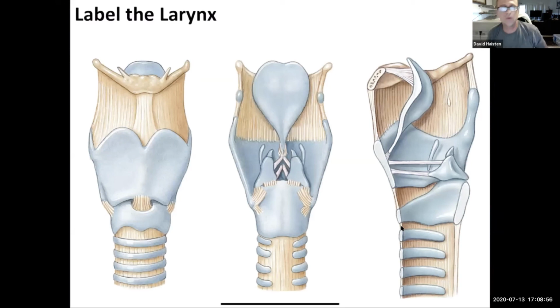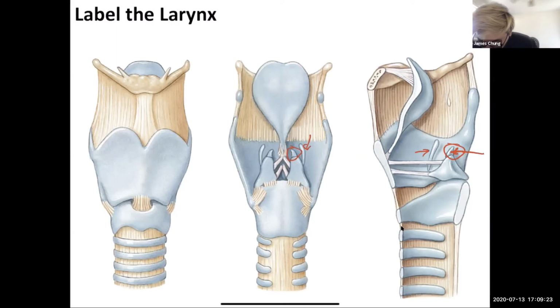Okay, let's label the larynx. Can anyone tell me what that is? Little guy right there. A cuneiform cartilage? Now you're gonna remove that from your list. Oh, that's okay. The cuneiform cartilages are right there.